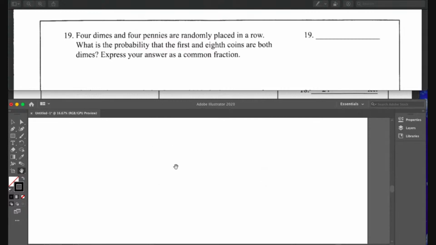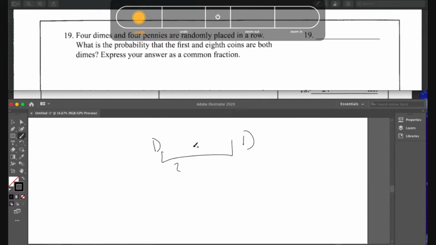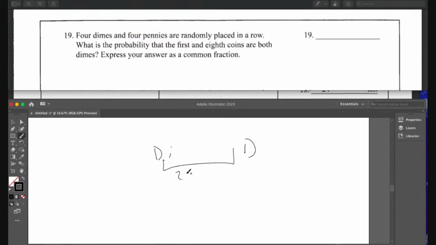So the case that we are looking at is that the first and eighth coins are both dimes, and then the stuff in between is going to be 2 dimes, sorry, I'm going to have capital D's here, 2 dimes and 4 pennies somewhere in here. So this is going to be what we're looking at.